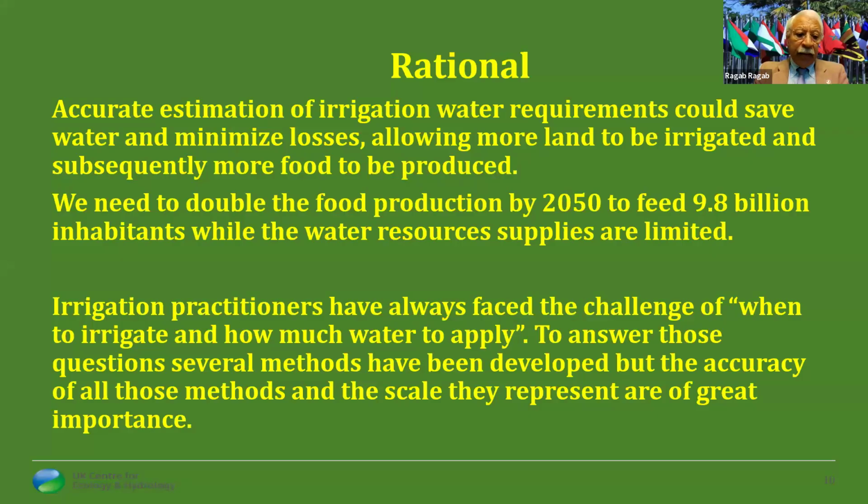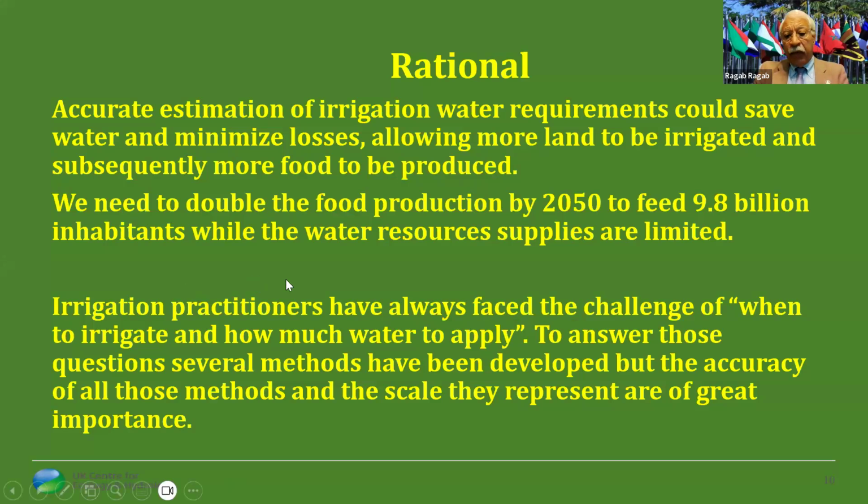So the rationale behind the crop water requirements issue is that accurate estimation of irrigation water requirement is necessary to minimize the losses and to allow more land to be irrigated and subsequently more food to be produced.